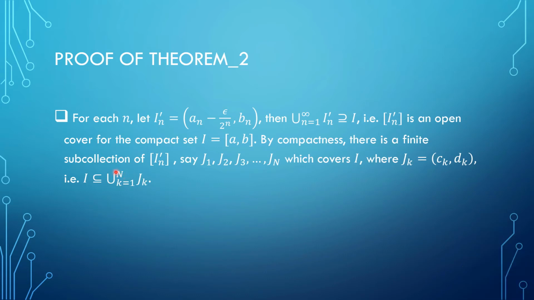So let us again see this one. This is the closed interval [a, b]. Since this is a compact subset of R, every open cover of it will have a finite subcover. So the finite subcovers are J_1, J_2 up to J_n, something like that.